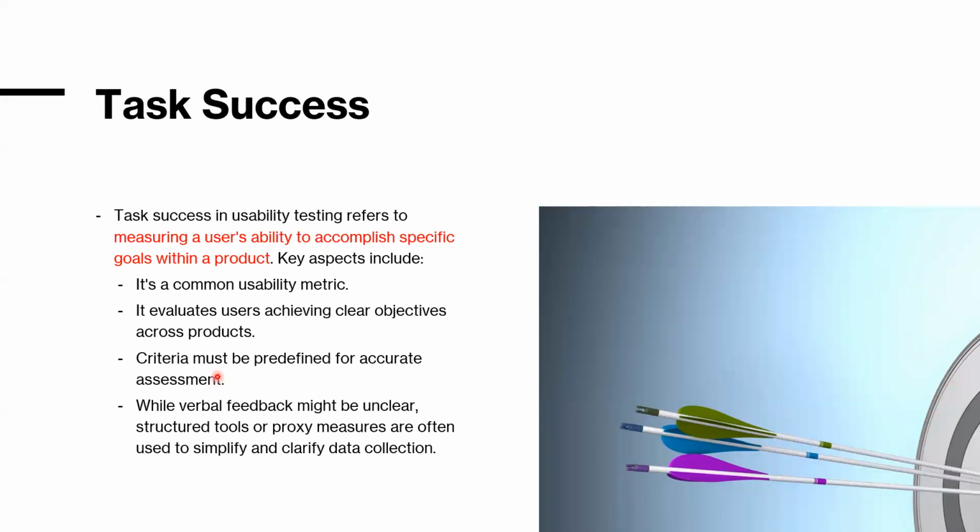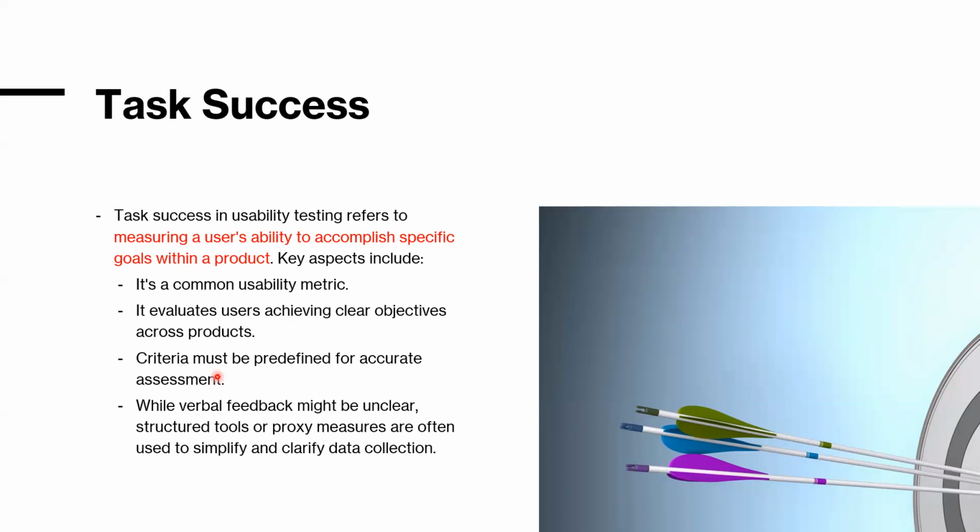Okay, step number one, they complete; step number two, right? Step number three, and so on. So you need to have a benchmark, you need to have criteria that must be predefined, right? So that you will be able to measure or assess the accuracy of the users' task success, right? So this is very important.